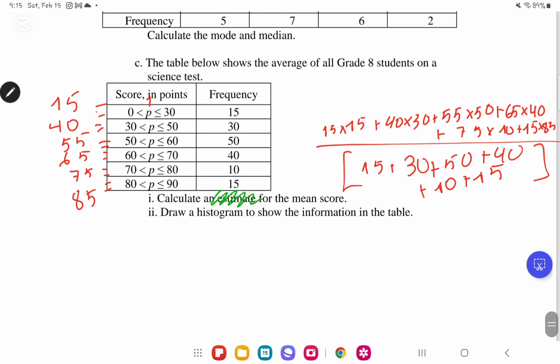If we put it on the calculator, we will get an answer of 55. On the calculator, it's exactly 55. So the mean score, not an estimate, is 55.